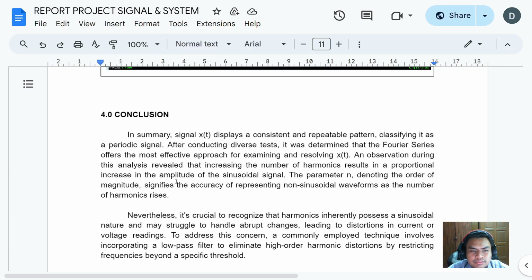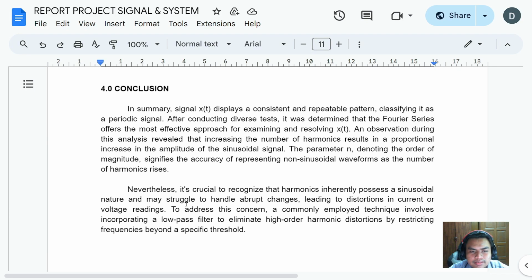An observation during this analysis revealed that increasing the number of harmonics results in a proportional increase in the accuracy of the sinusoidal signal; the parameter n, denoting the order, signifies the accuracy of representing a non-sinusoidal waveform as the number of harmonics rises.